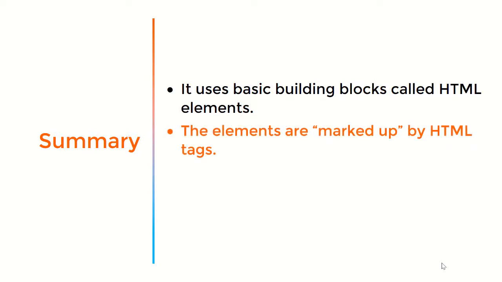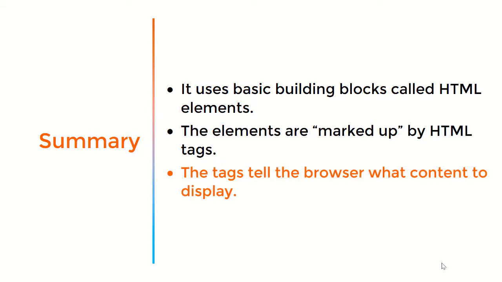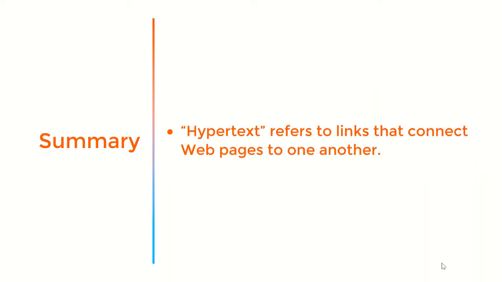HTML elements are marked up by HTML tags. Browsers do not display the tags, but use them to determine the content to display. Hypertext refers to links that connect web pages to one another, either within a single website or between websites. In the next section, we will look at the history of HTML.